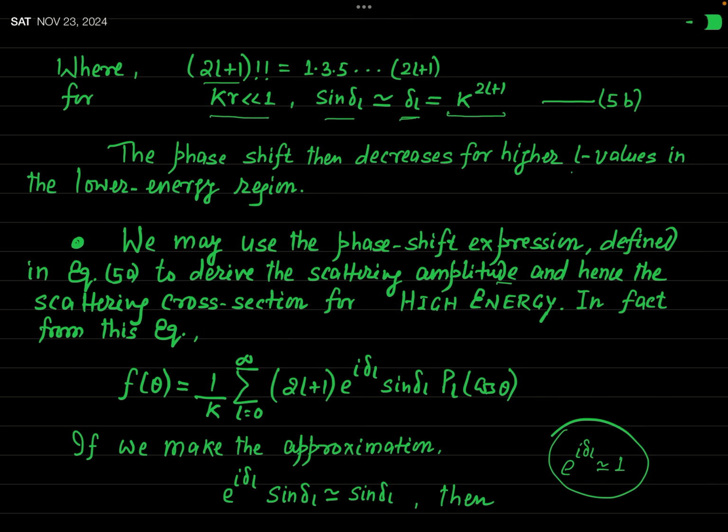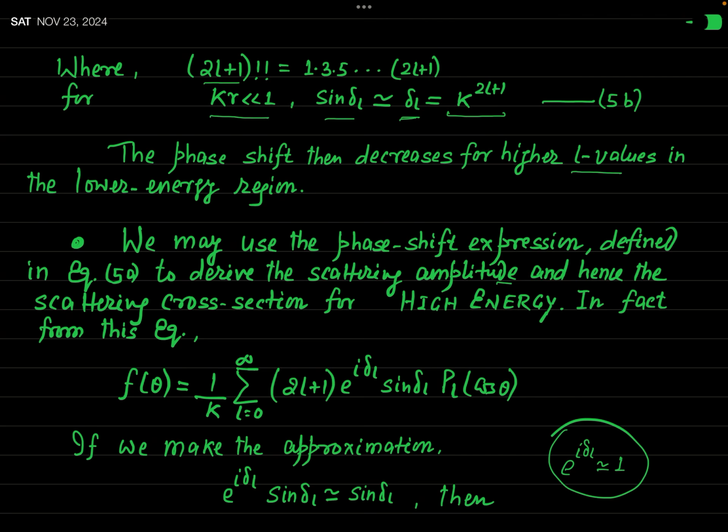Actually, for higher L values, phase shift decreases in accordance with this relation. But that is the case of the low energy region. In fact, the partial wave method is particularly useful in case of low energy scattering.